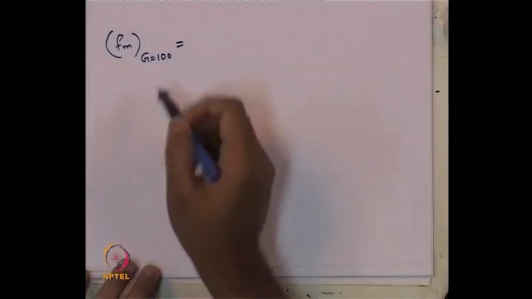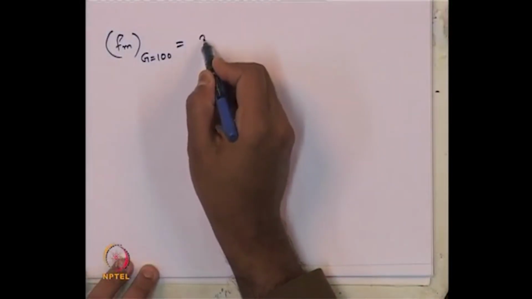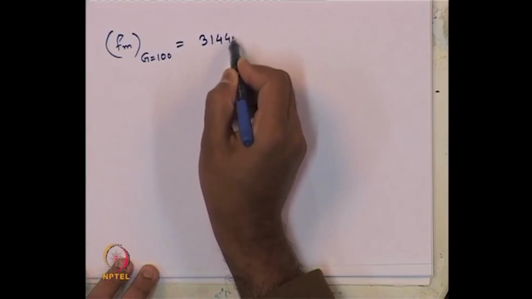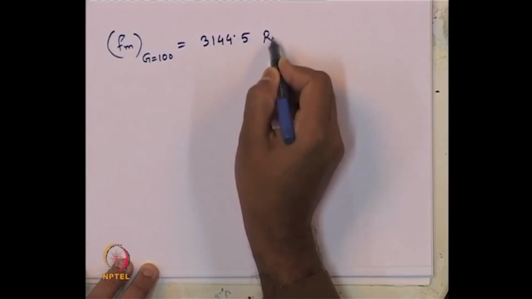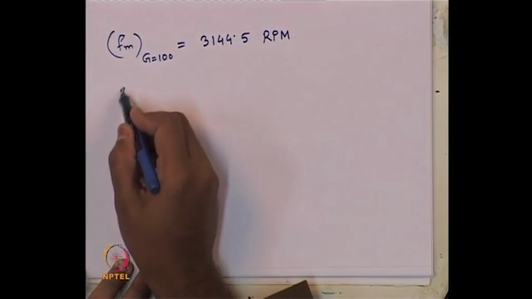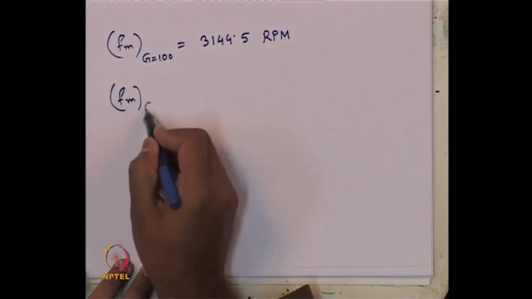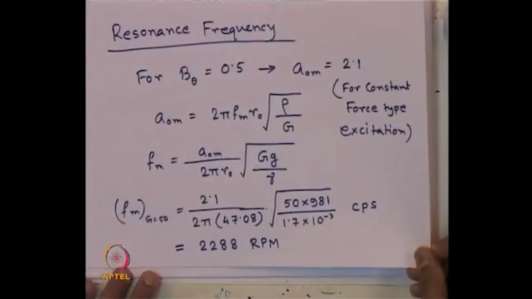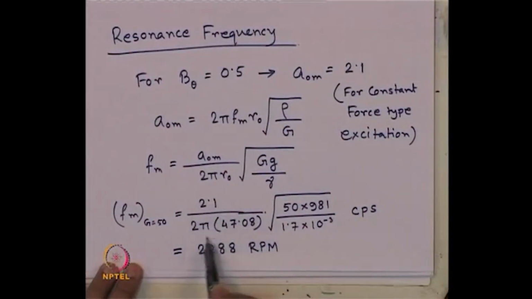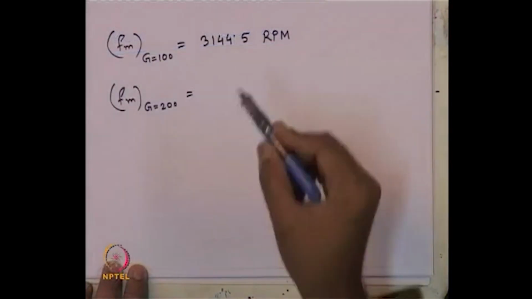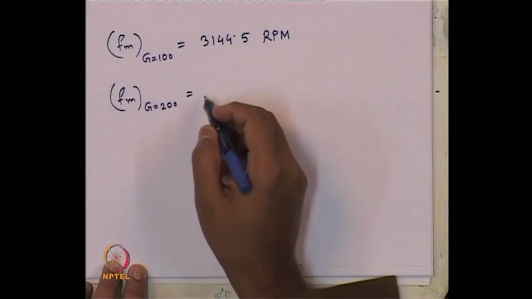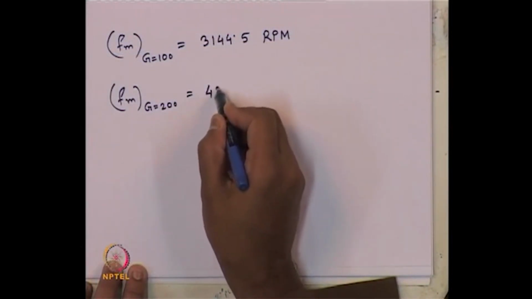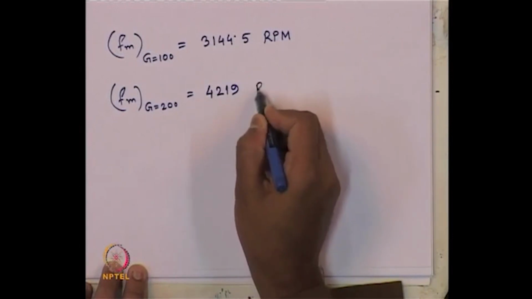So, the corresponding value of f m comes out to be 3144.5 RPM. And f m with G equals 200 can be calculated with all this remaining the same, here it becomes 200, here it becomes 2. So, the value is calculated as 4219 RPM.